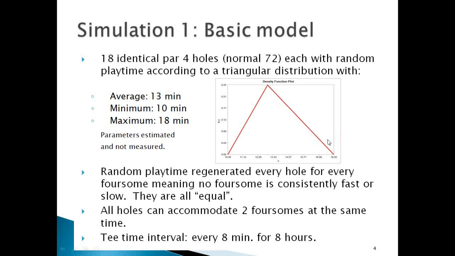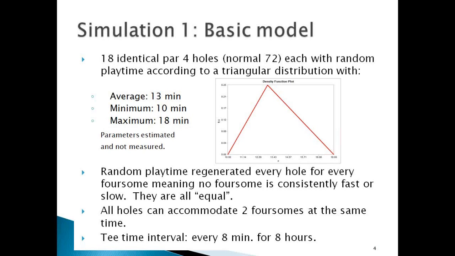Represented here, the probability distribution looks like this, which means you have a greater probability of being around the average and less of being towards the extremes. These parameters are estimated. They haven't been measured. They're based on experience. Of course, these could be measured to improve the accuracy, but it might not change the conclusions of what we'll be doing today.